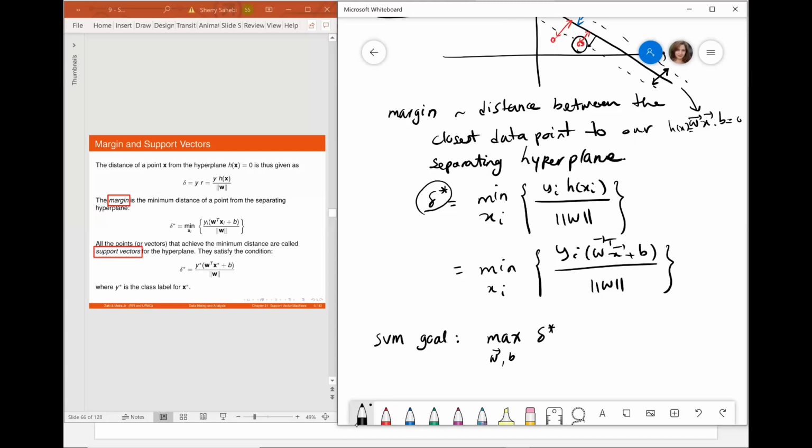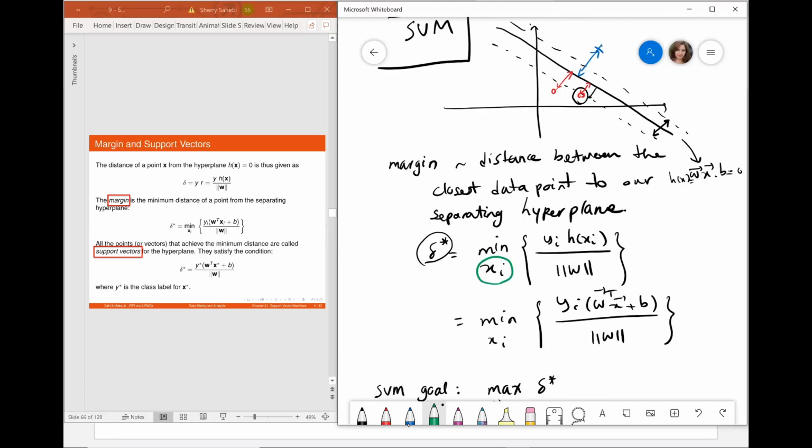Another thing is that whenever we find these xi's, the data points whose distance to the line is the margin, they are going to be called our support vectors.